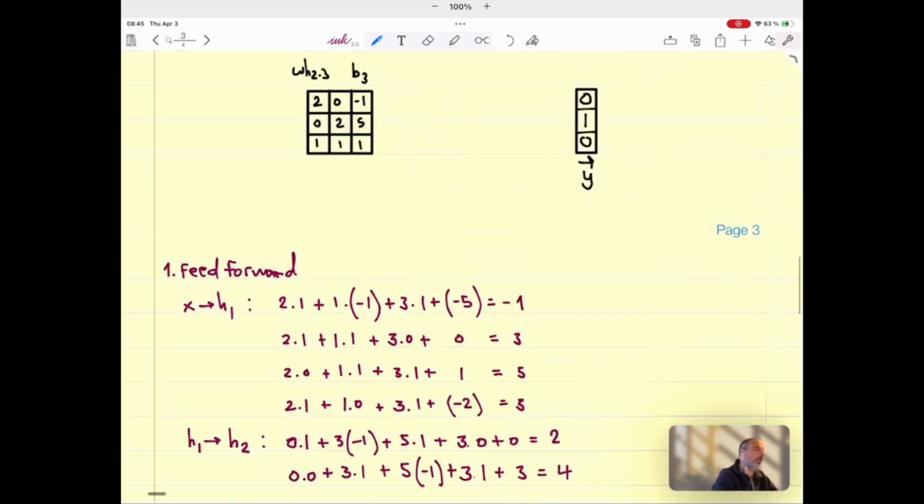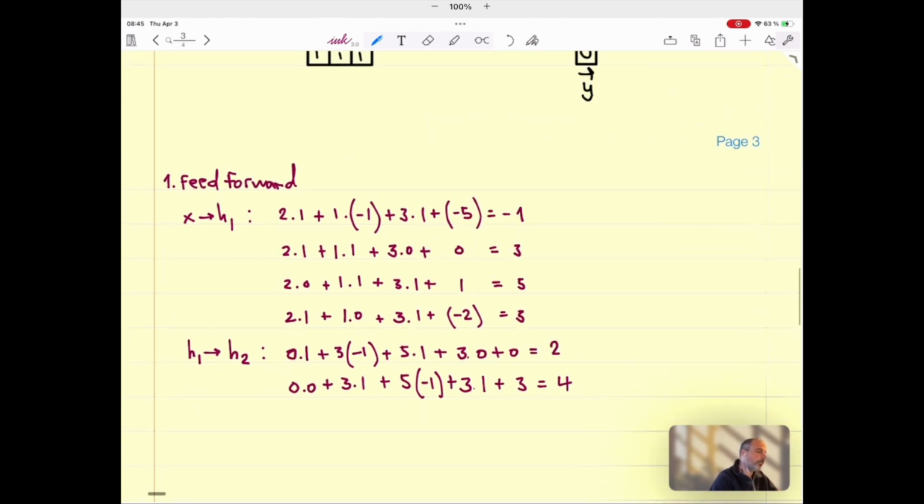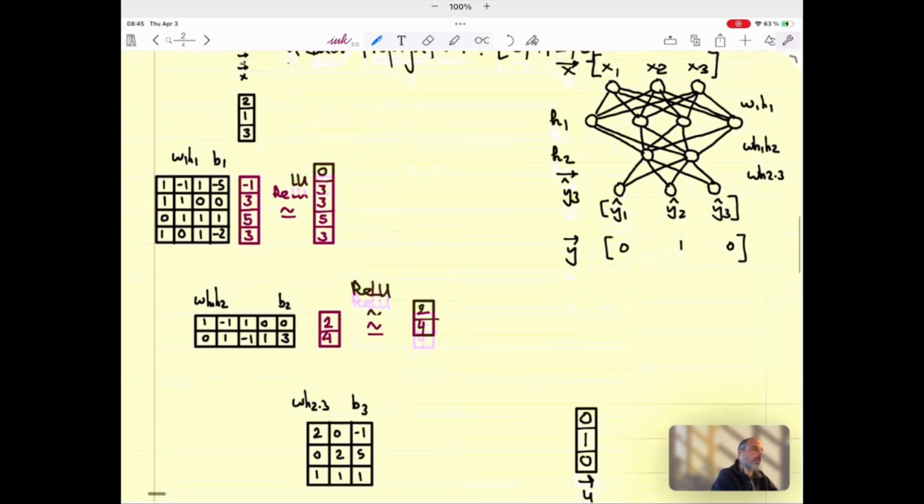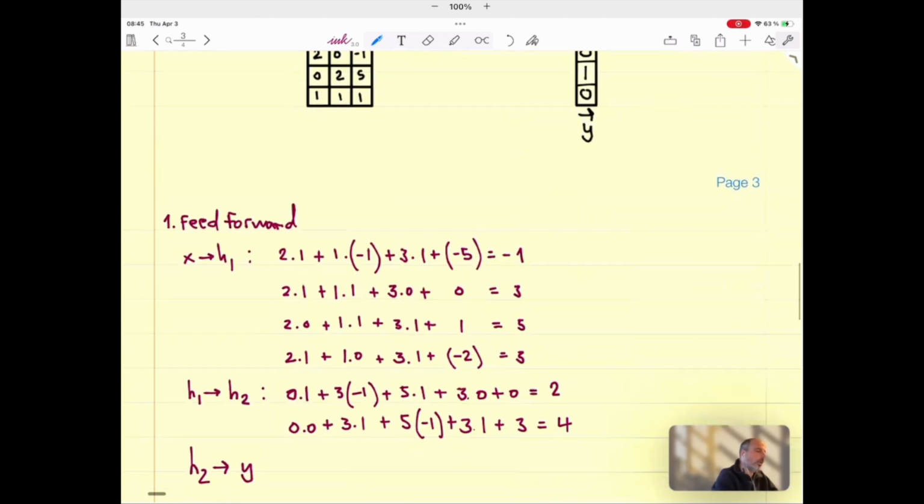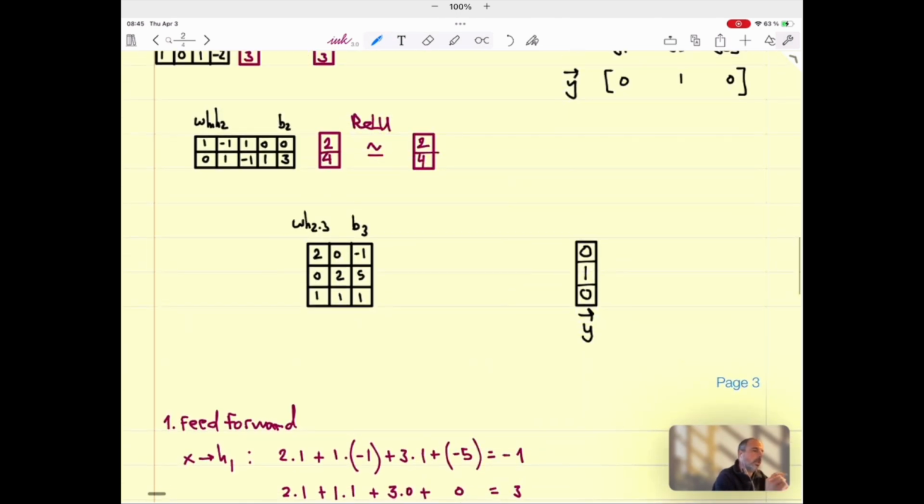And then we get the feed forward from H2 to our layer 3, I guess, Y3 we called it. And what we do is we take 2 times 2 plus 4 times 0 minus 1, okay?